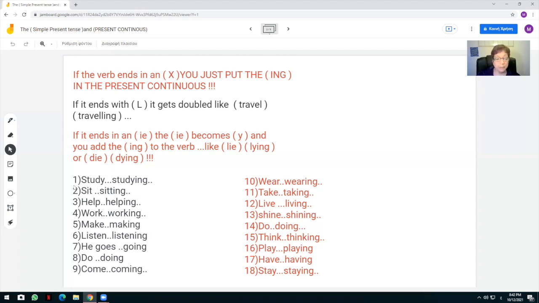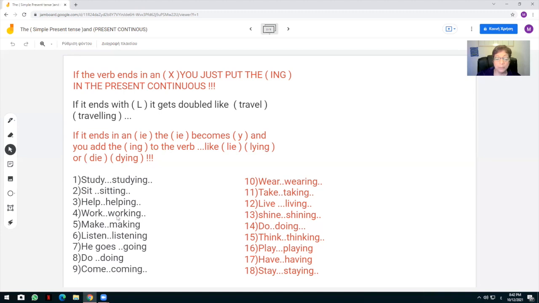Here we have some verbs. Number 1 is to study. Study, المذاكرة, becomes studying. 2, the verb is sit, becomes sitting. 3, help becomes helping. 4 is work.